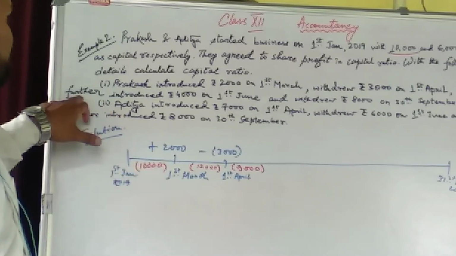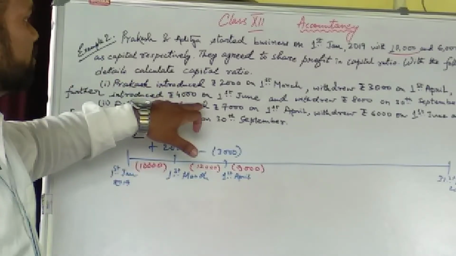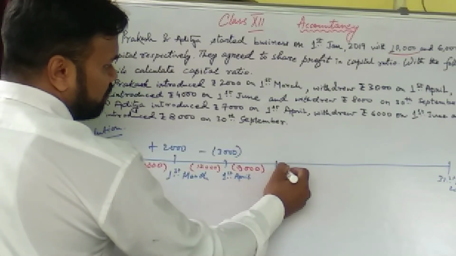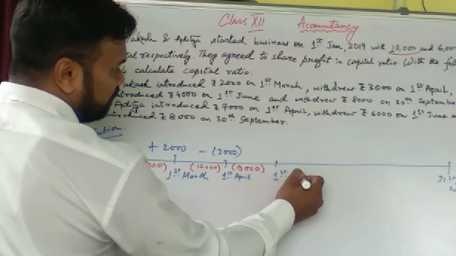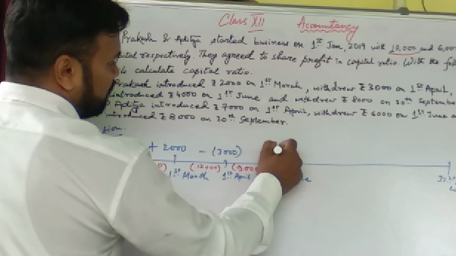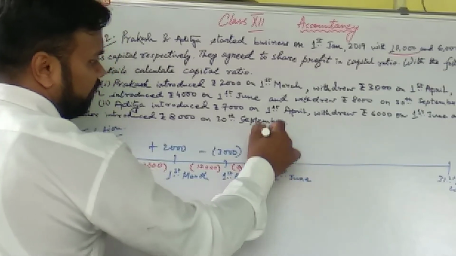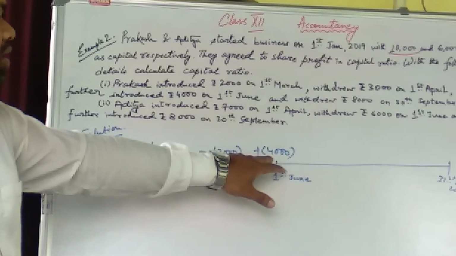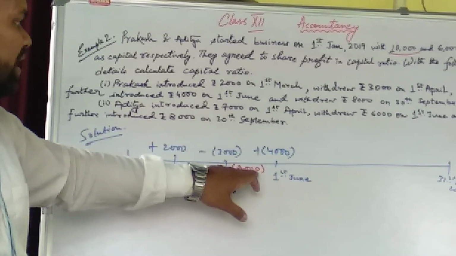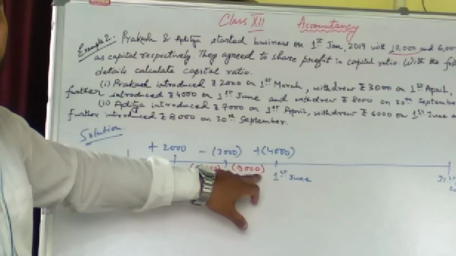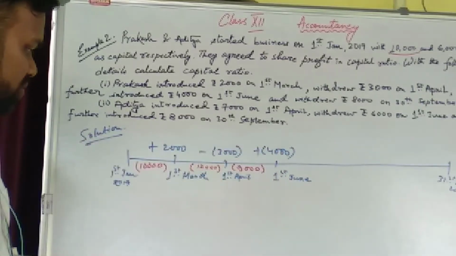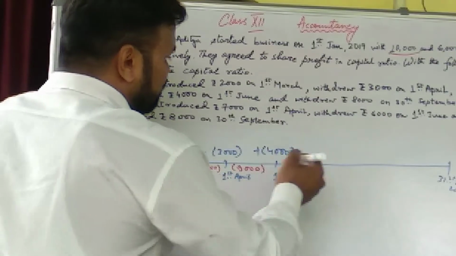Next, what is he doing? He is further introducing 4,000 on 1st June. Means he is bringing in capital in the business. So 9,000 was the remaining capital after his drawings. So 9,000 plus 4,000, that is 13,000.